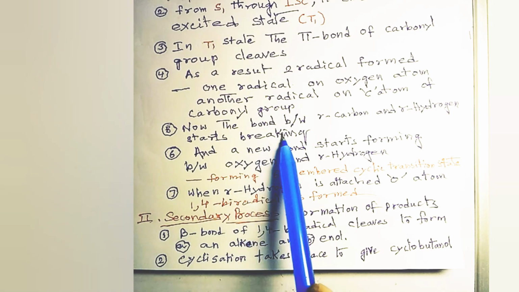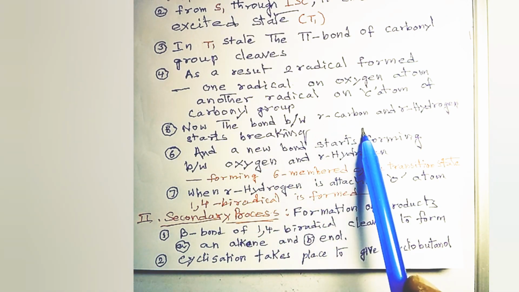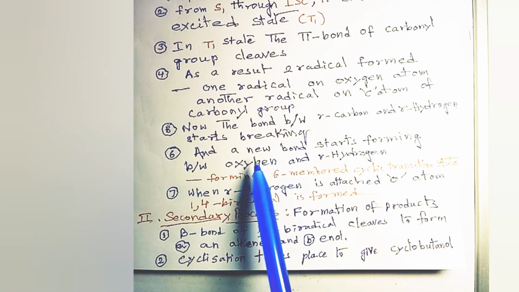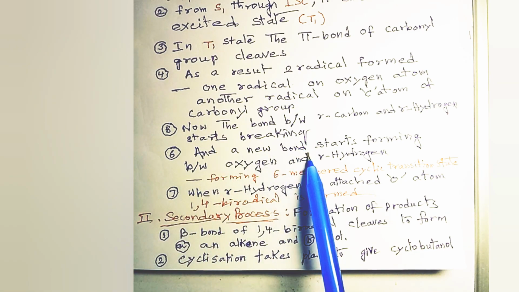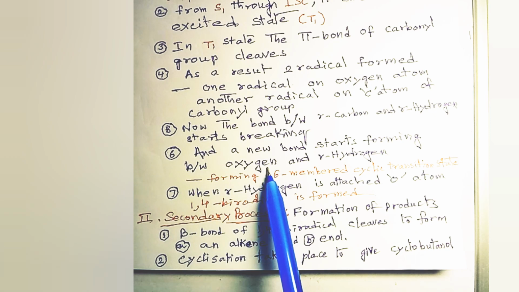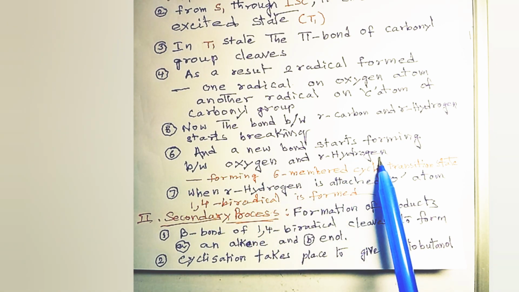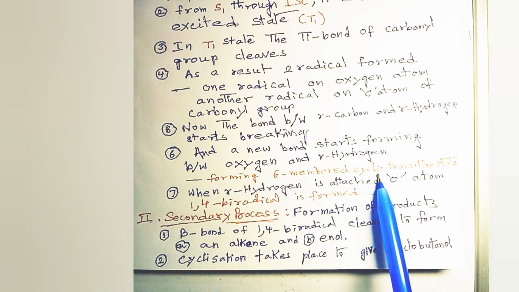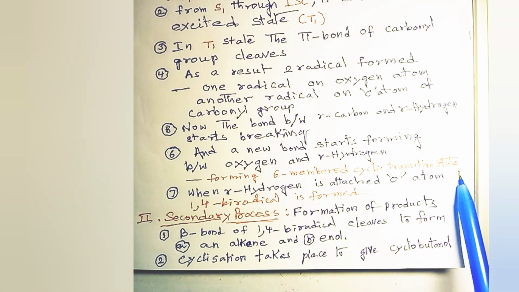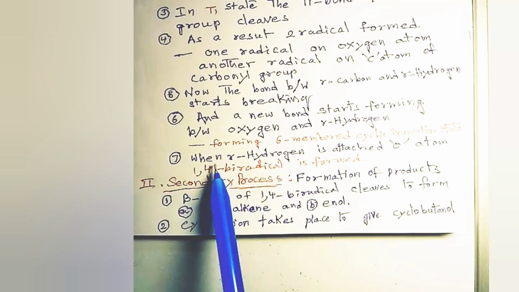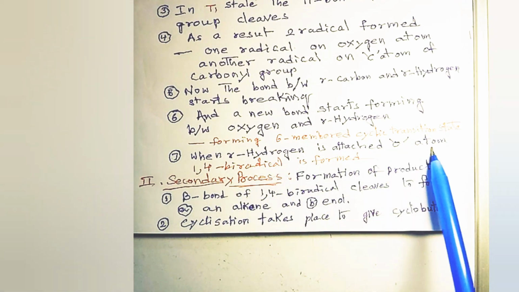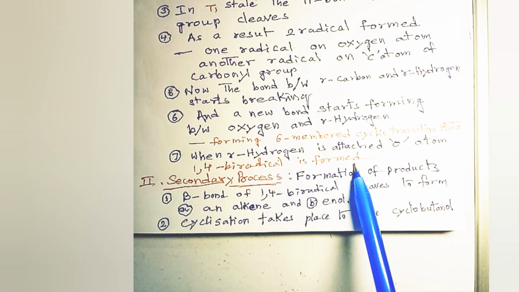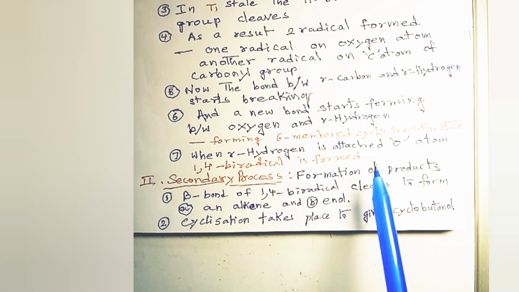Now the bond between gamma carbon and gamma hydrogen starts breaking and a new bond starts forming between oxygen and gamma hydrogen, thus forming a 6-membered cyclic transition state. When gamma hydrogen is attached to oxygen atom, 1,4 biradical is formed. This is the primary process.